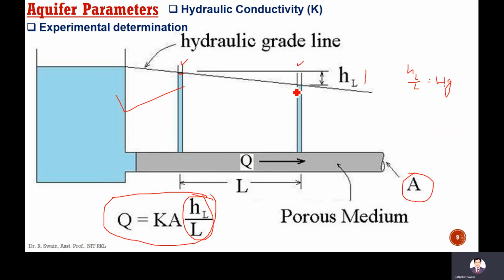The difference between these two heads is HL. So this HL per unit length, for the length between these two points, is called the hydraulic gradient. Into area, into K, that is permeability or hydraulic conductivity, will give you Q, that is discharge.